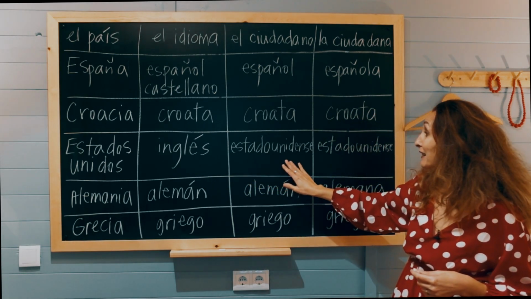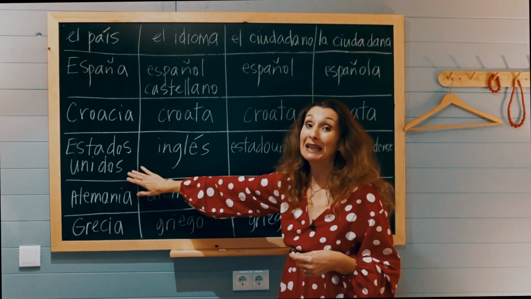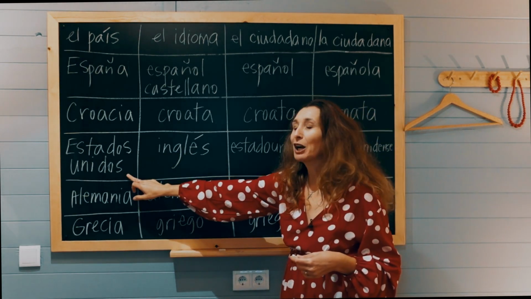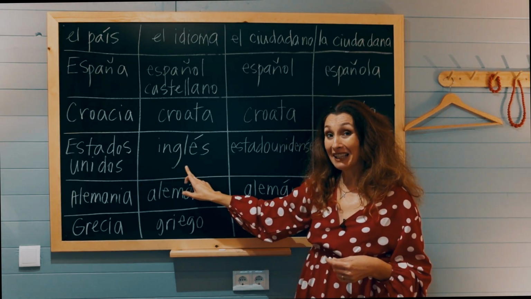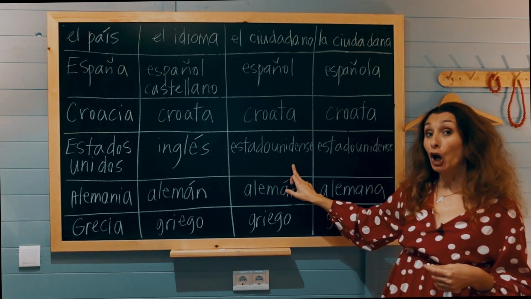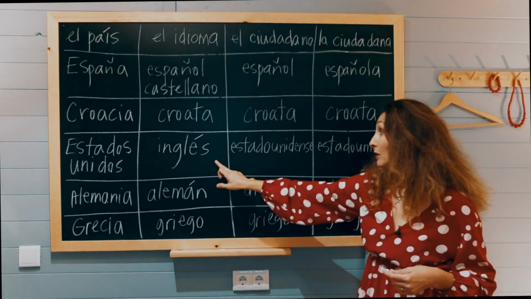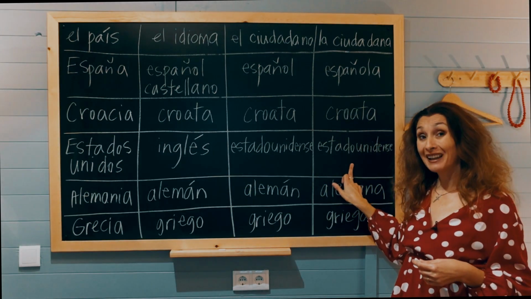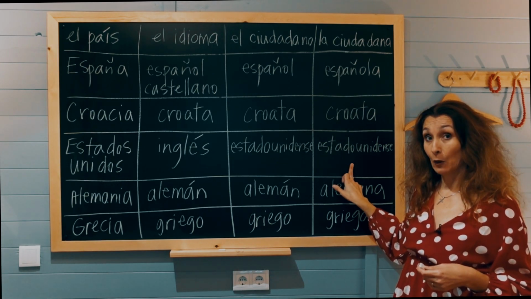If the country were England, the country would be Inglaterra, el idioma inglés, el hombre también inglés, so these two would be the same, and then the woman, la mujer inglesa, okay?